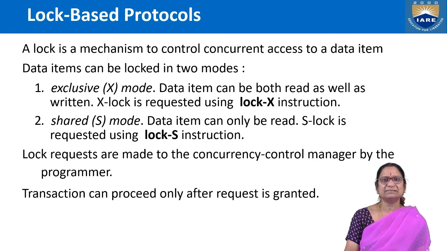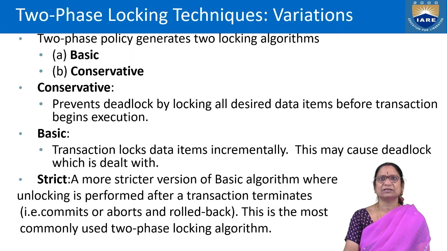Sometimes the programmer need not know all these things. The concurrency control manager will decide which transaction has to be executed, which logs are to be requested, and which logs are to be allocated. These transactions can proceed only after all the logs requested by the transaction are granted; only then does the transaction start execution. We also discussed variations of the two-phase locking protocol: the basic version and the conservative version.